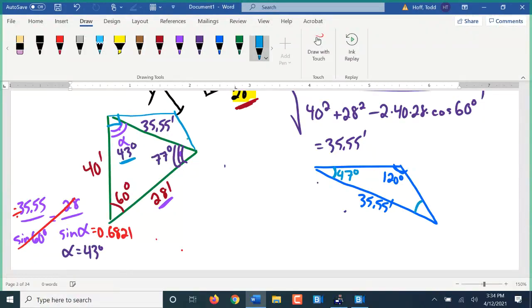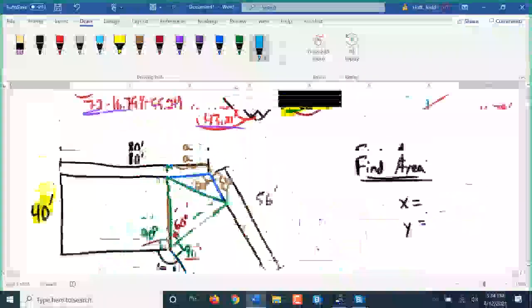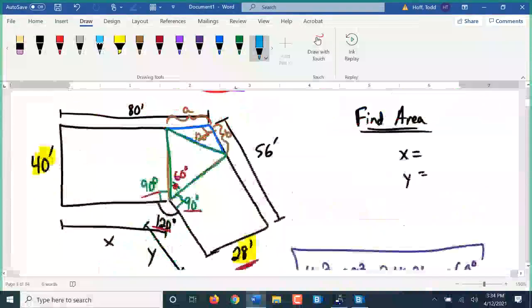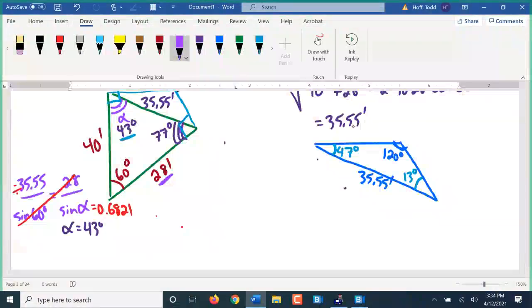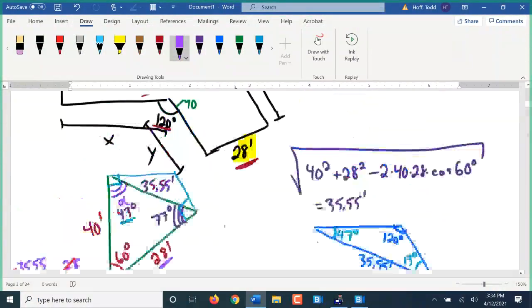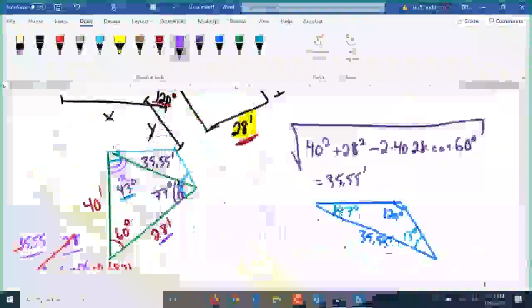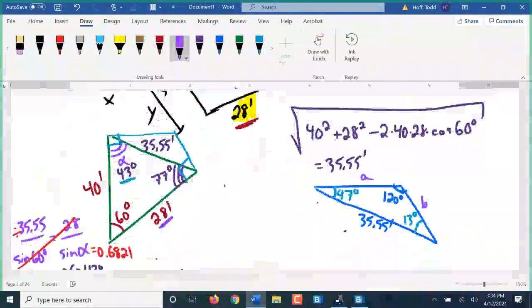This angle over here is 90 minus 77. Now that I have those angles, I can find sides A and B over here, can I?